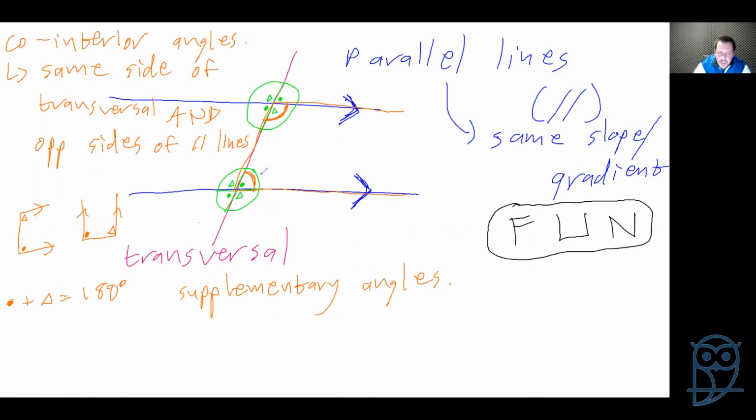And that should make sense because this angle is a green dot. That angle is a green dot, and we know those two are equal because of corresponding angles. And we know that those two have to add up to 180 degrees because of angles in a straight line. Therefore, these two must add up to 180 degrees as well.